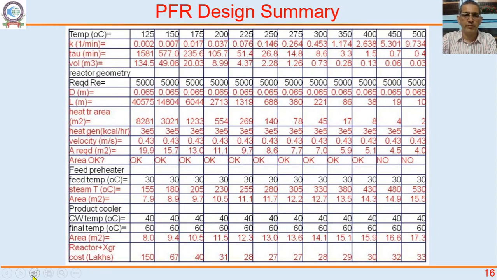Look at this situation. When the rate constant is low, I will have 40 kilometers of reactor length. Overall volume is less, but can I manage 40 kilometers?